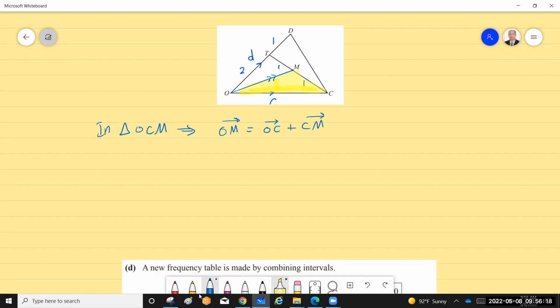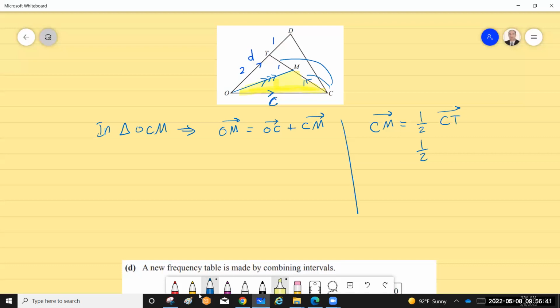So OC is already C. I want to find CM now. The vector CM is half CT vector.